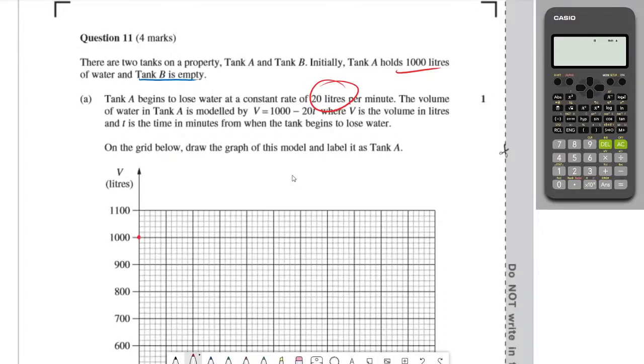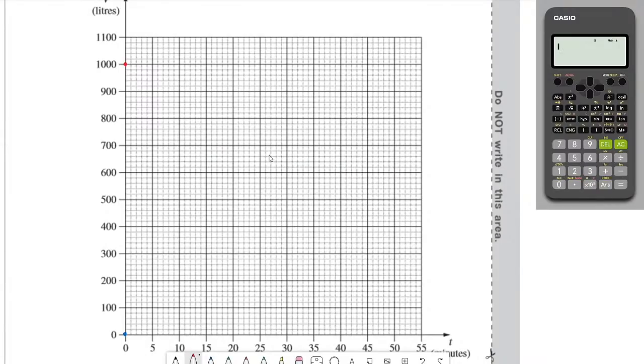So a constant rate of 20 liters per minute. That is, for every minute that elapses, we lose 20 liters. So if we're going across by 5s, then it's going to lose 20, 40, 60, 80, 100.